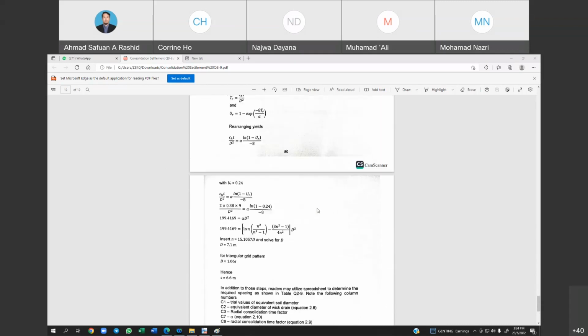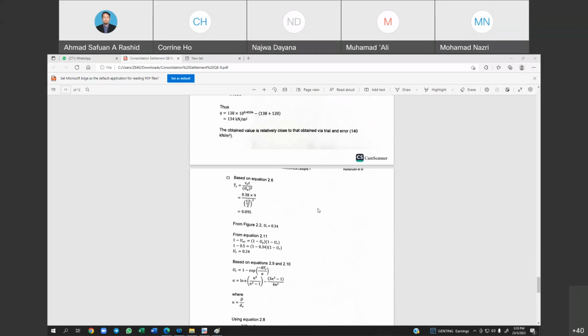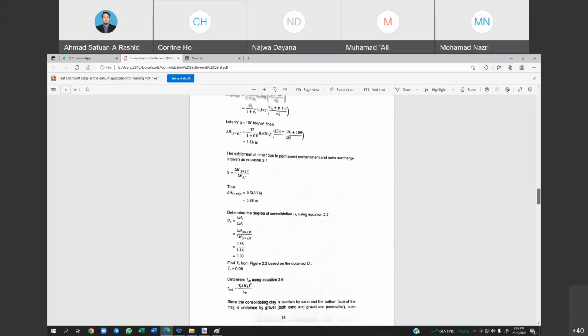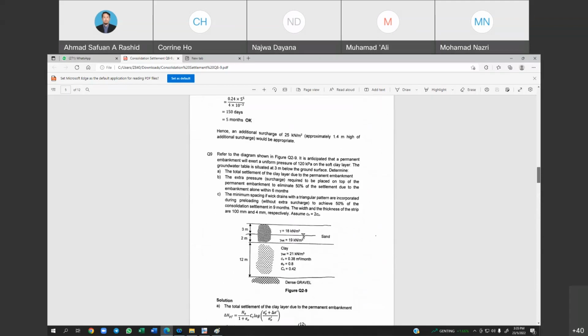Then for the C, what is the C? The minimal spacing with drain, to achieve 50%, with the thickness of the strip.